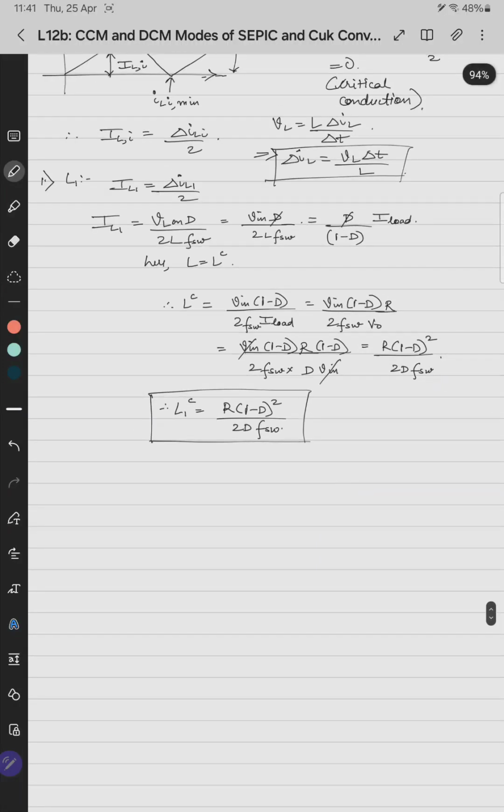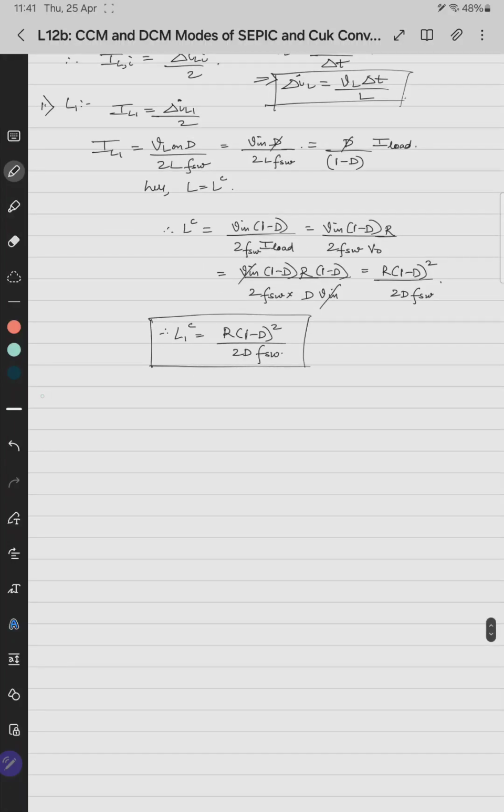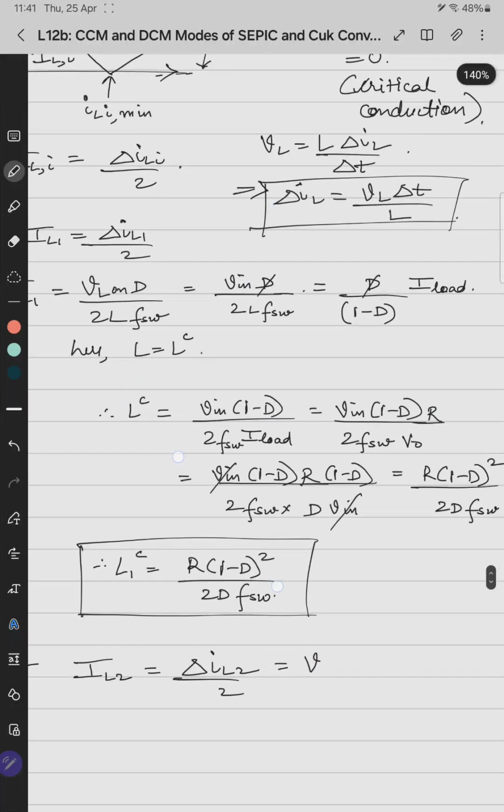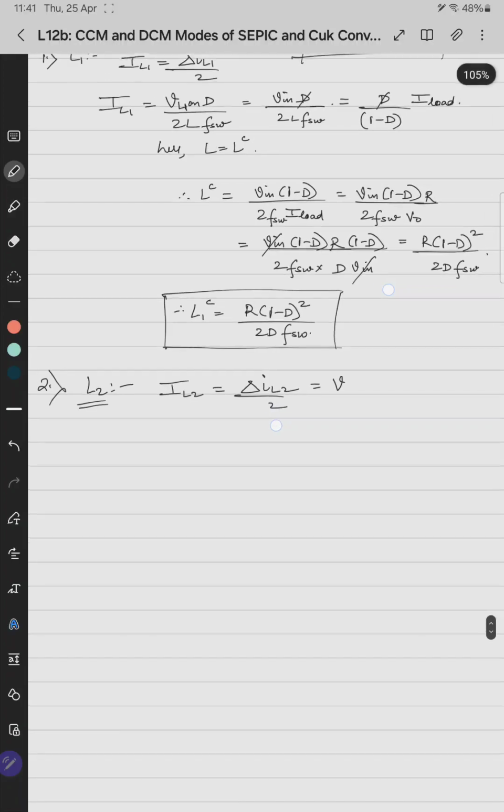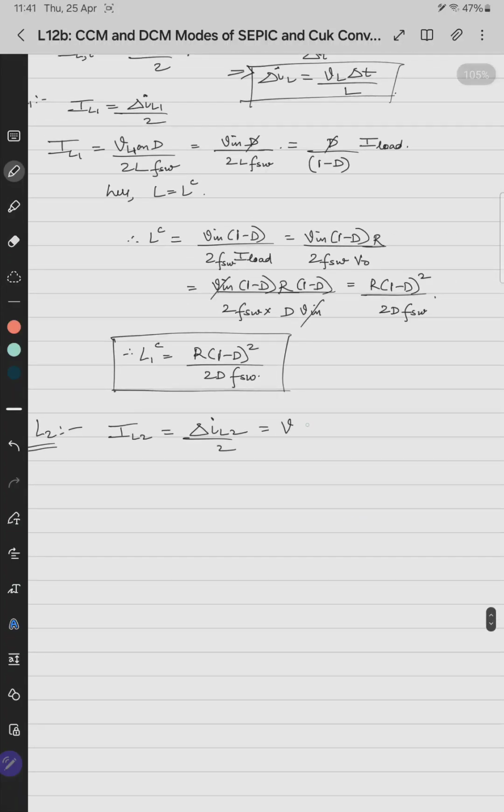This is for the first inductor L1. For L2, similarly, delta IL2 by 2, here we'll let VL2 on into D by 2 L2C.